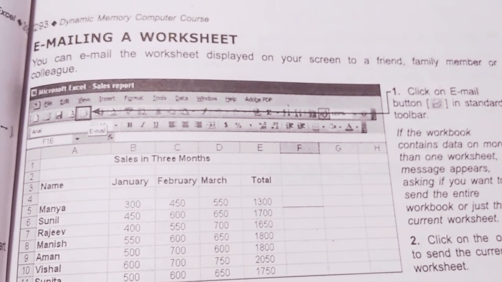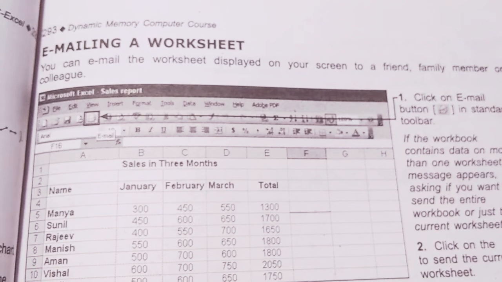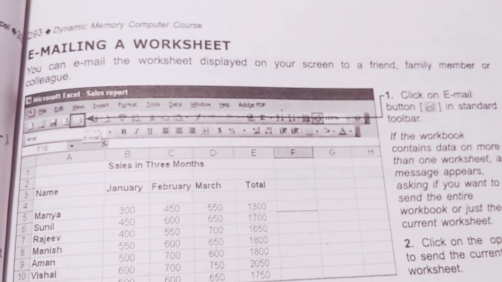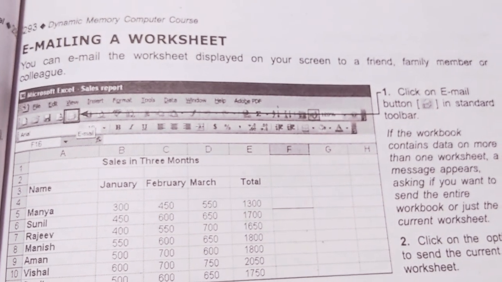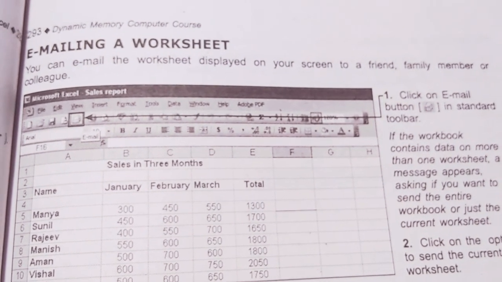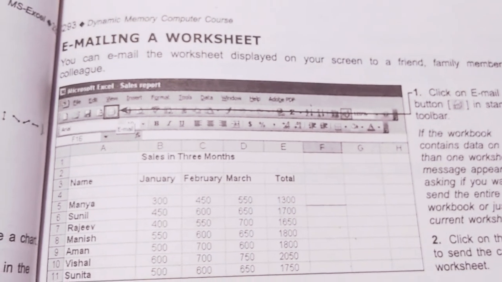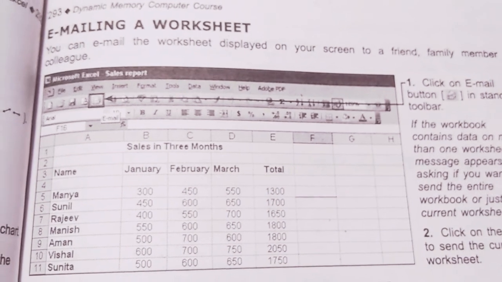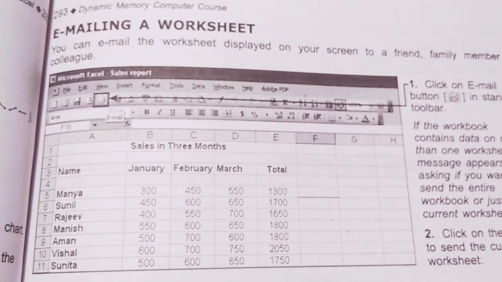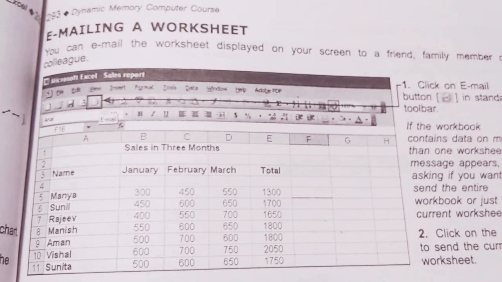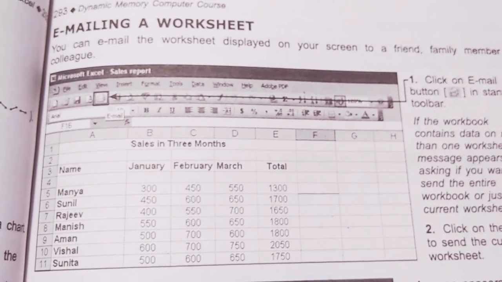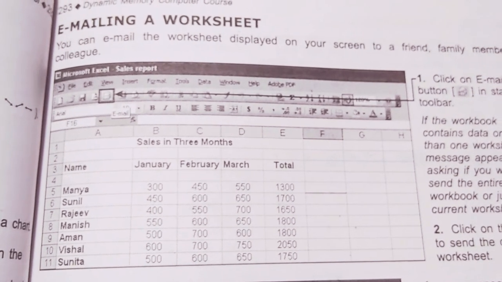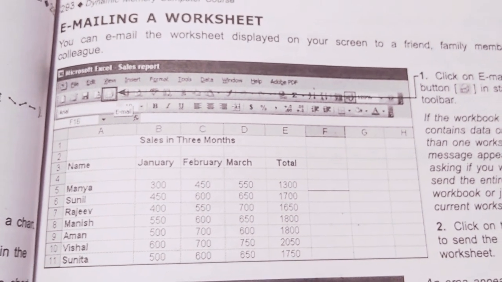How to email a worksheet? You can email the worksheet displayed on your screen to friends, family members or colleagues. If you want to send our worksheet to our colleagues, friends, relatives or family members, we can easily email this worksheet.